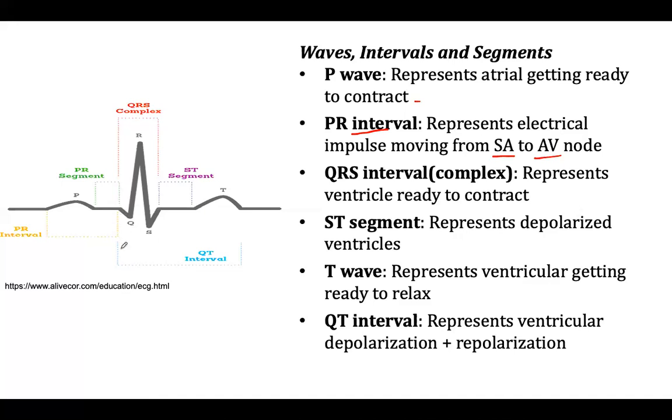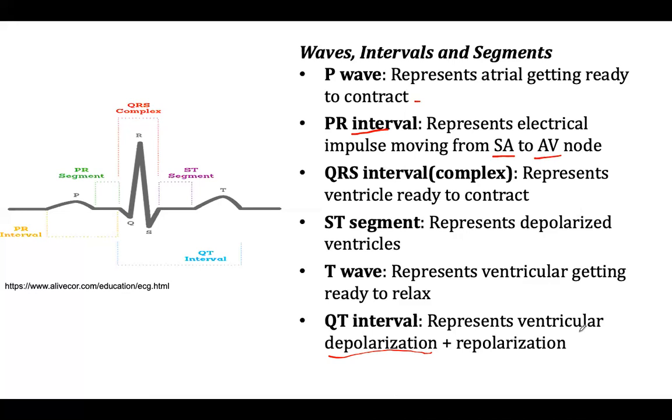This includes your QRS complex as well as the T wave, and it represents ventricles starting to contract and finishing with their contraction, or, sorry, about to relax, I should say. So when you're looking at the QT interval, depolarization implies your heart is about to contract, and repolarization implies that your ventricles are about to relax. So that is also something else that can be measured.